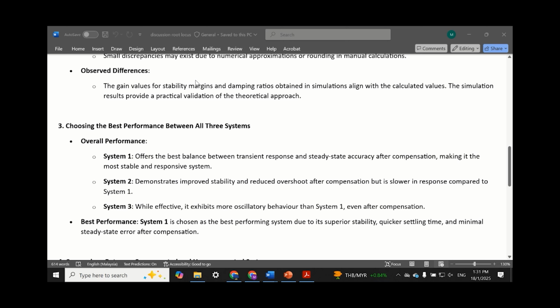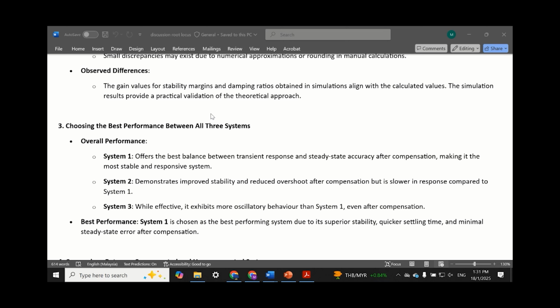Now, we can choose the best performance between all three systems. System 1 offers the best balance between transient response and steady-state accuracy after compensation, making it the most stable and responsive system. System 2 demonstrates improved stability and reduced overshoot after compensation, but is slower in response compared to System 1.